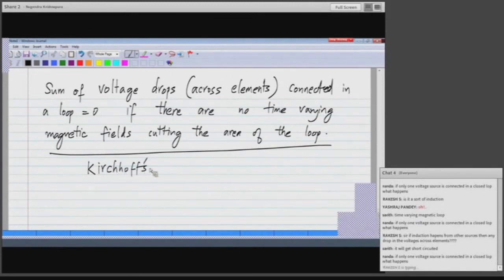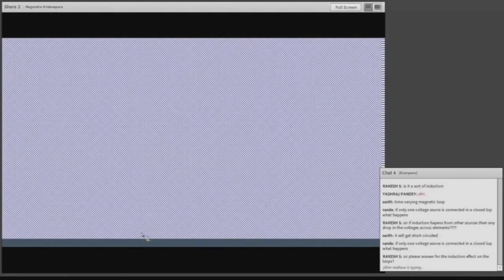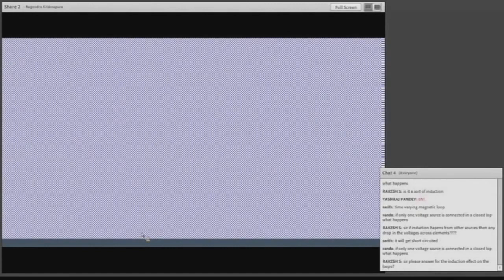Similarly, for Kirchhoff's current law, at a node, the sum of all currents flowing out of a node is 0. So I suggest that right from the beginning you adopt a consistent polarity, because if you make a mistake with the polarity of these things, obviously you will get the wrong answer.